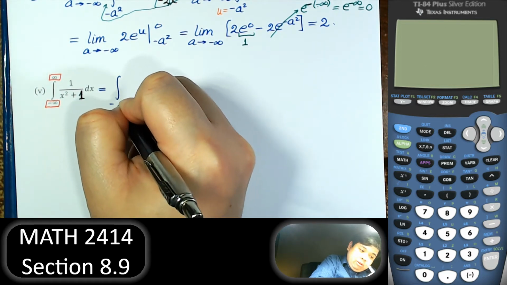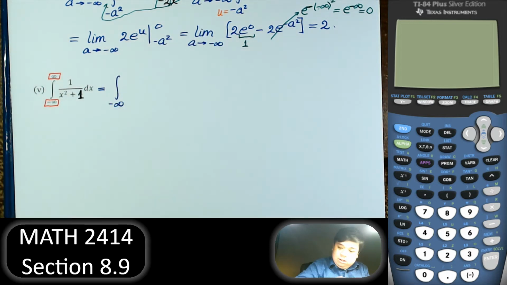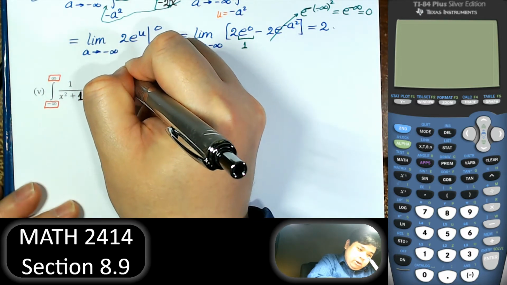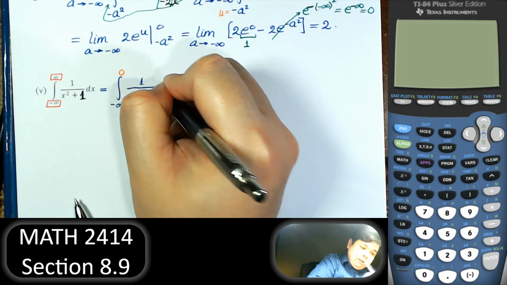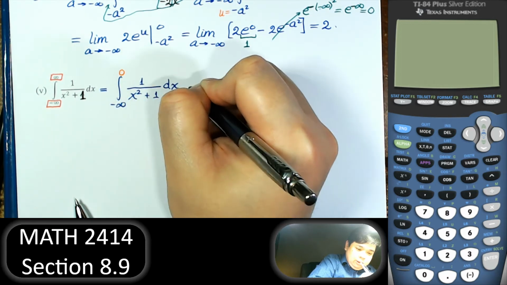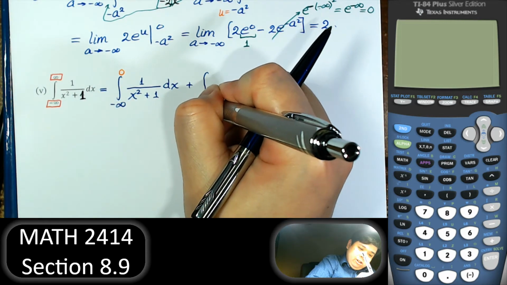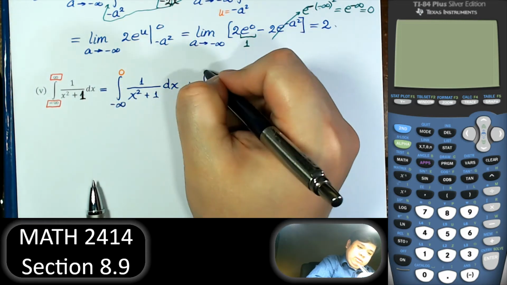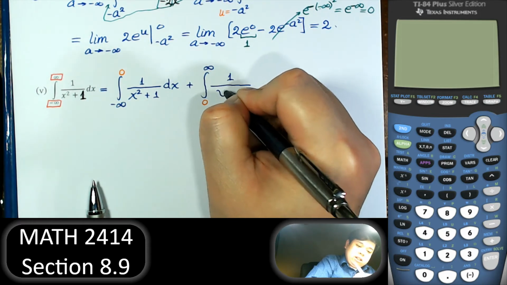I still have negative infinity, but I will go to 0, and then I will go from 0 to infinity.